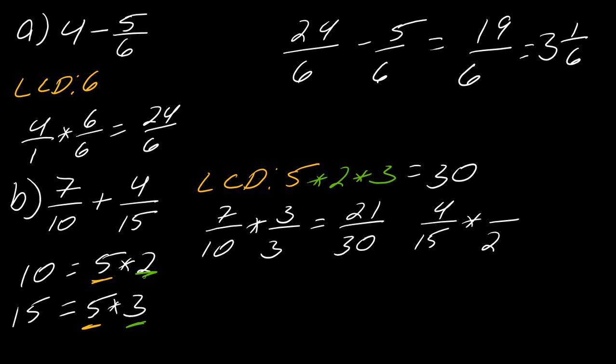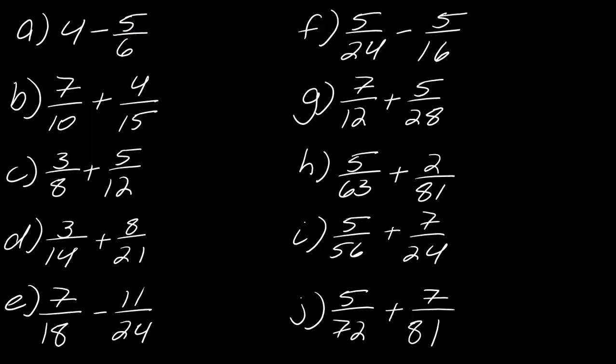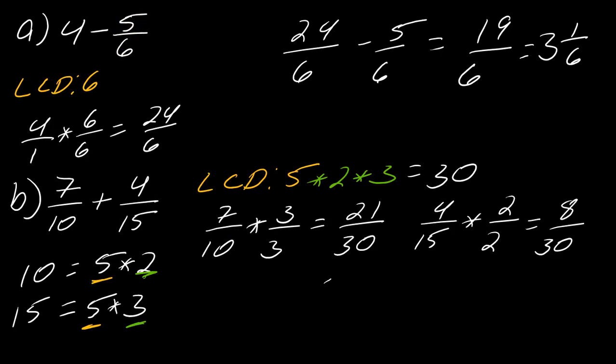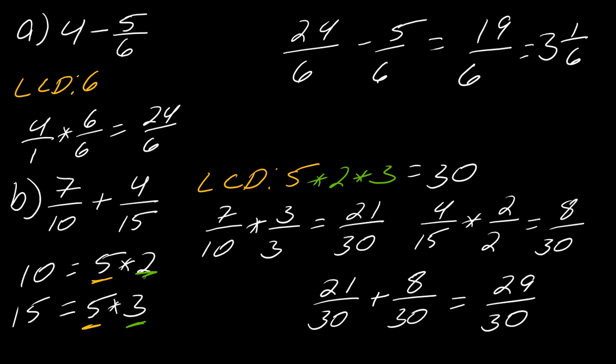I have to multiply it by 2. Whatever I do to the bottom, I do to the top. So then I can multiply these together to get 8 over 30. Now I can rewrite this expression as 21 over 30 plus 8 over 30, and my final answer will be 29 over 30.